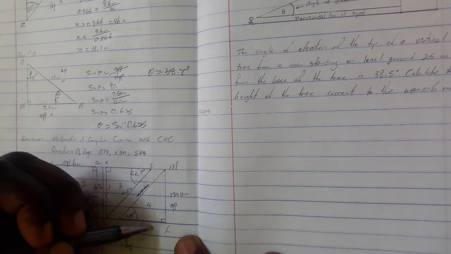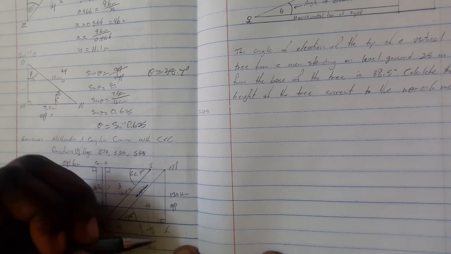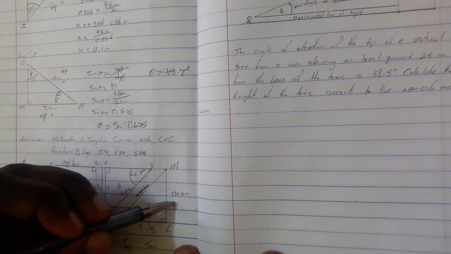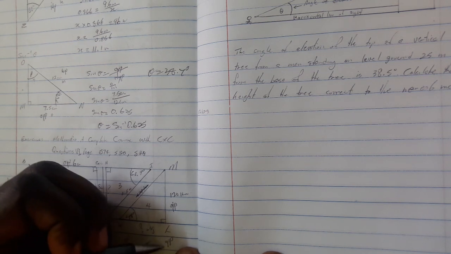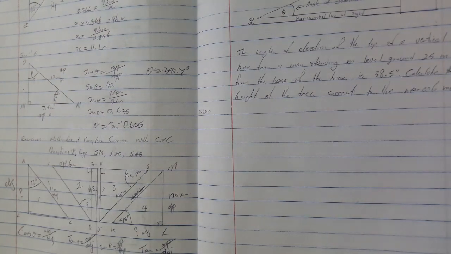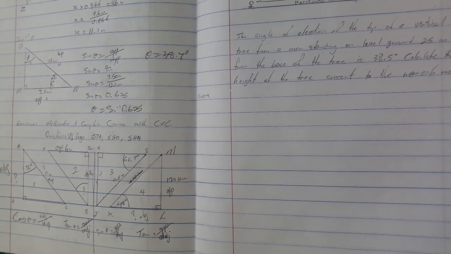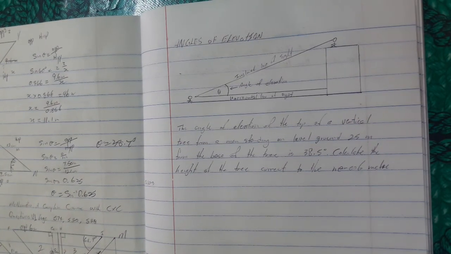This is the adjacent side. So we have to use tan, because we are given the opposite and an angle, and we have to find the adjacent. OPP over ADJ. So that's your trig ratios. In the next video, we are going to use the trig ratios to solve angle of elevation and angle of depression.